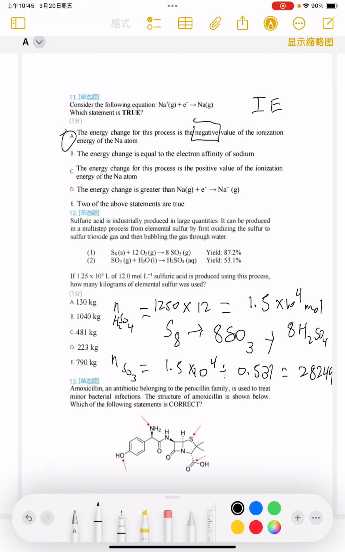And then we also have to calculate the n of S8. The one we want, technically, you just divide n of SO3 by 0.872. We don't get the answer immediately, but we get that n of S8 would equal 4,000 moles.